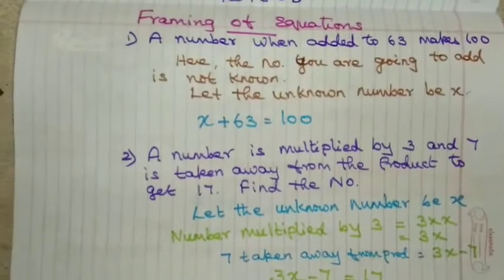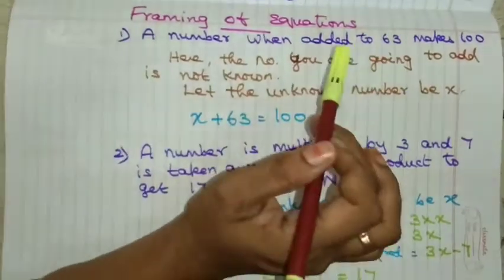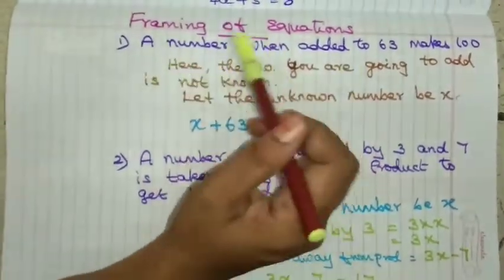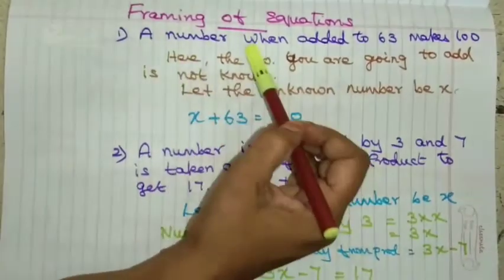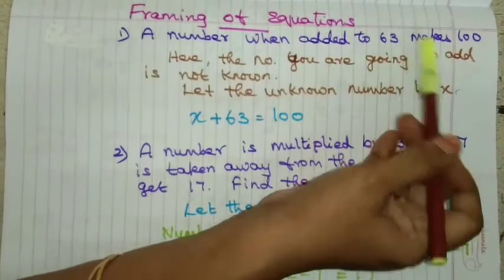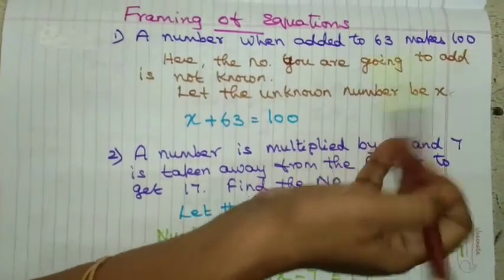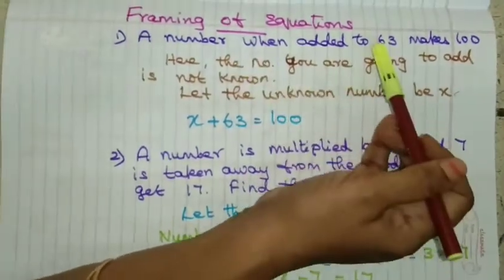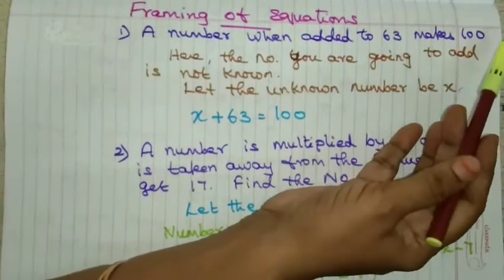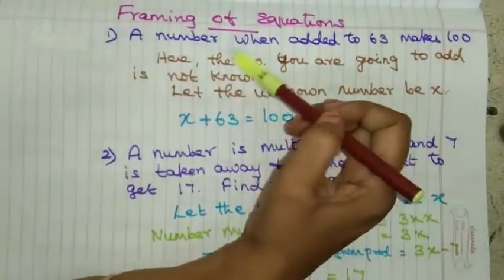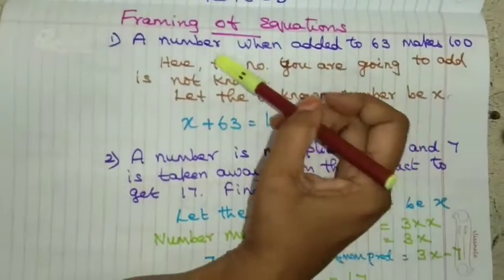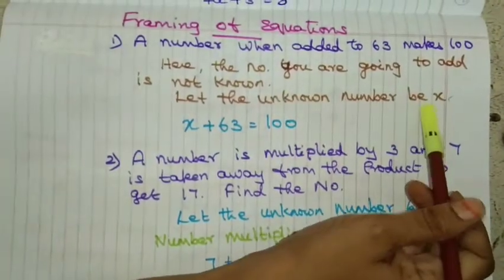Now, how to frame equations? How do we frame equations? There is a condition given. A number when added to 63 makes 100. So, you are adding a number to 63 which is giving you the result 100. But I don't know the number. Here the unknown quantity is to be taken as x.